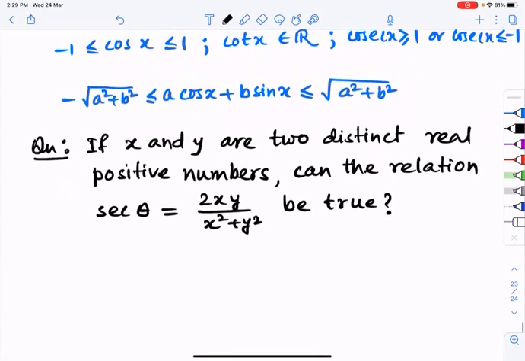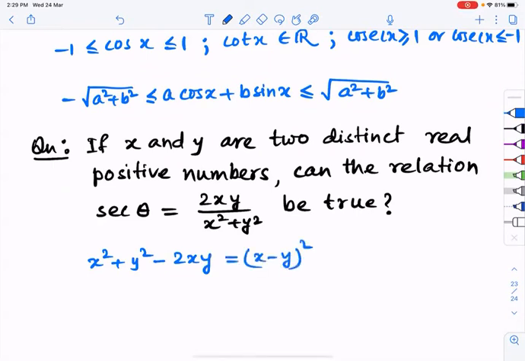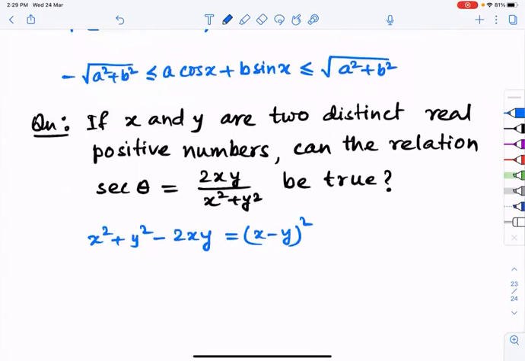So let us see how to deal with this. You see, x square plus y square minus 2xy is nothing but x minus y whole square. Can I say that this is always greater than or equal to 0? If x is equal to y, then it will be equal to 0. It is given that x and y are two distinct real numbers.